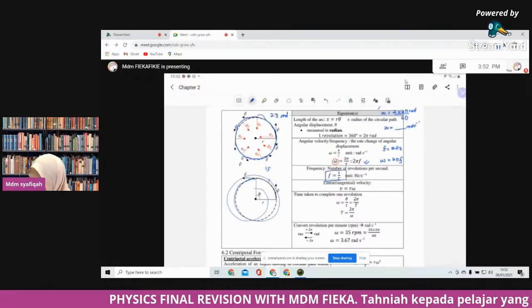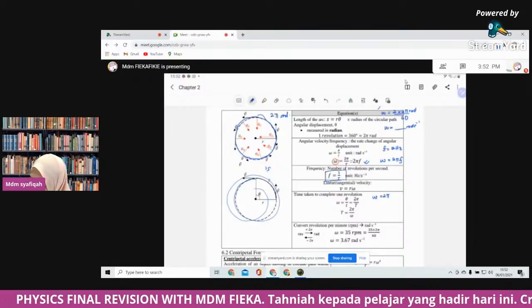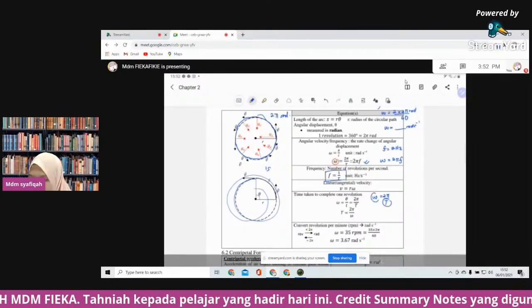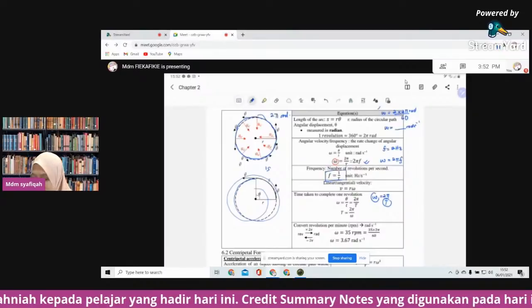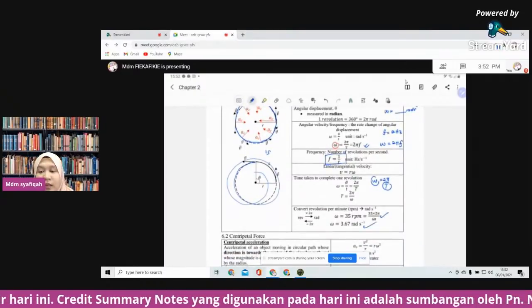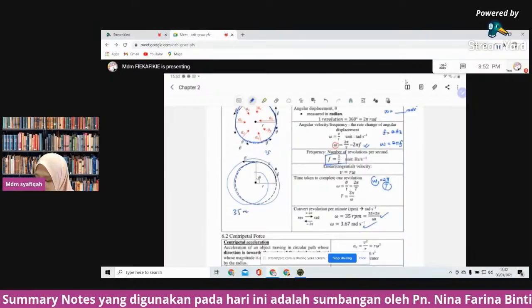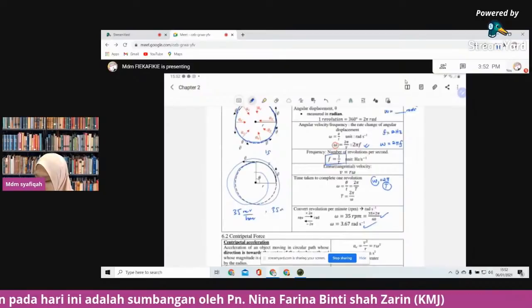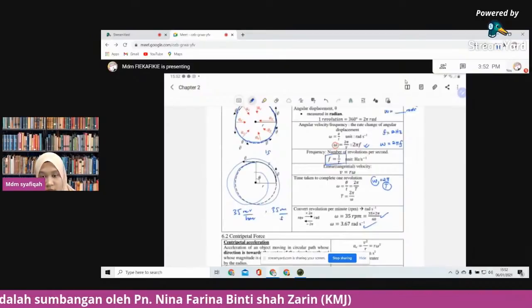So sekarang, the relationship omega is equal to 2 pi over T. Okay? So kalau soalan bagi you T, you boleh cari omega. Okay? So inilah yang tadi kita buat. 35 revolution per minute. Apa? 35 revolution per hour. Okay? 35 revolution per second. Okay? So you kena tukar RPM.